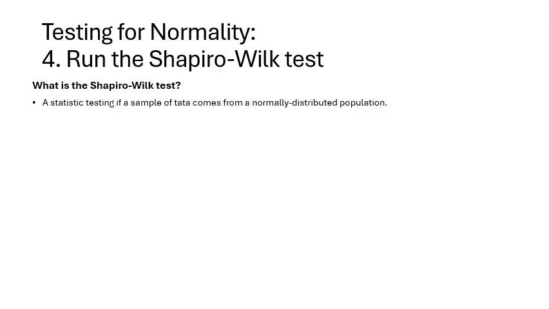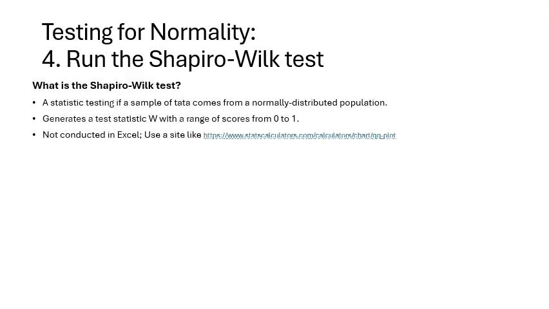In this particular case, you don't want to reject the null, you want to fail to reject the null because you don't want your data to be different from normal. What you'll get when you run this test outside of Excel is a test statistic named W, and it'll have a range of scores from 0 to 1. And once again, it's not done in Excel. You'll come to a different site that I'll show you in the demo.